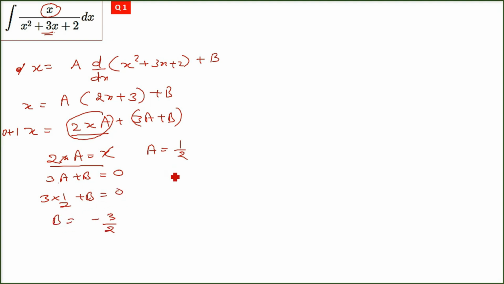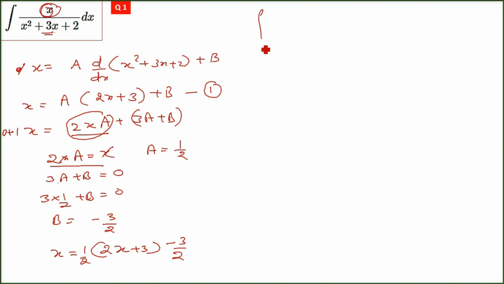Now we got a and b. We will replace it in this equation, which I am indicating as 1. So after all this procedure, x is equal to half into (2x plus 3) plus negative 3 by 2. Now this x can be represented like this.